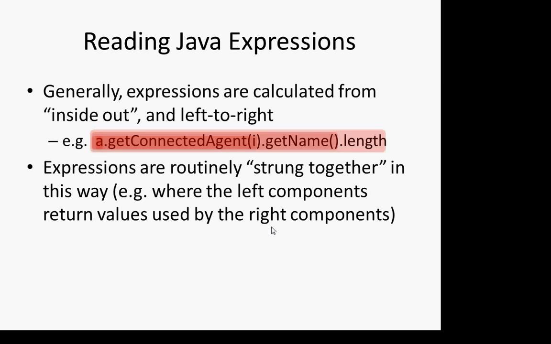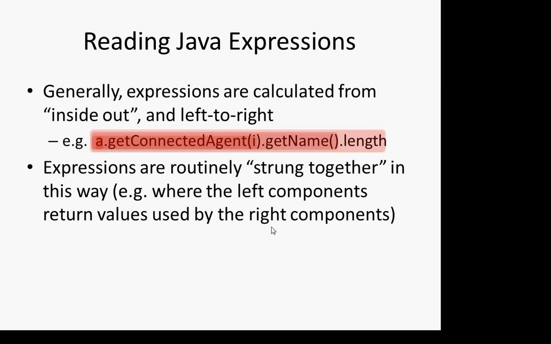So I have this reference A, I get its connection. That gives me back a reference to some person out there. I call this to get that person's name, and then I ask for the length of that name, and that gives me back a value. It does many steps on the way, but each of these steps is just computing a value, and then it uses that value. getConnectedAgent gets back a reference to some other person, calls that to get the name, which is a reference to a string, and then gets its length, okay?